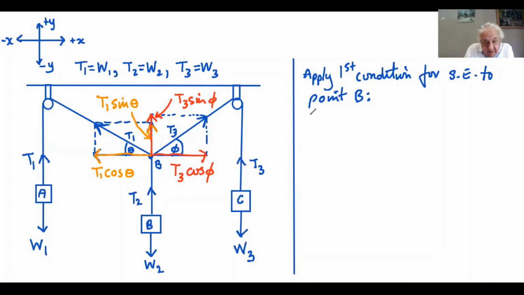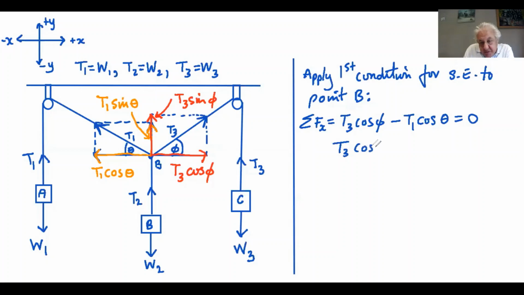So let's do the sum of Fx first. This is in the positive direction. T3 cos phi minus T1 cos theta equals 0. So I get my relationship.